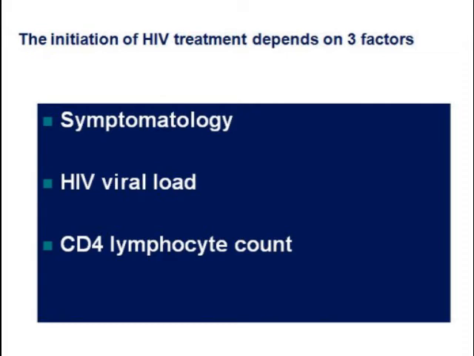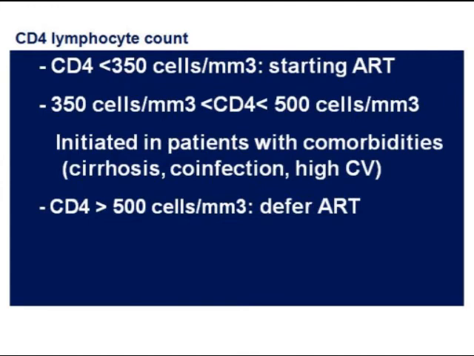The CD4 lymphocyte count: if we have less than 350 cells in a cubic millimeter, it means the starting of the antiretroviral treatment. If the CD4 lymphocyte count is between 350 and 500 cells per cubic millimeter, it's initiated in patients with comorbidities.